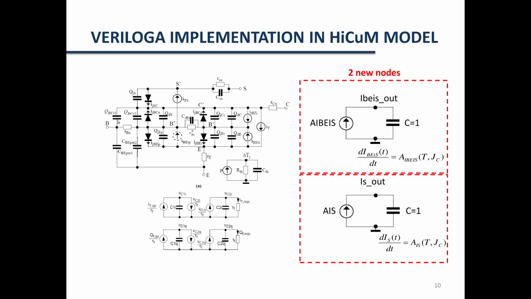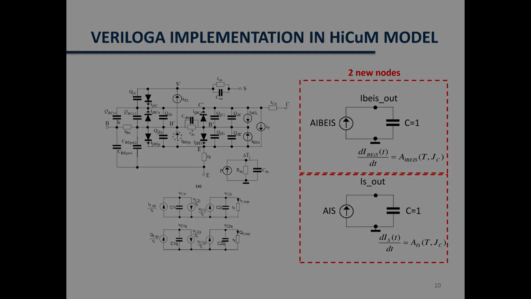And you see the lumped elements, which are basically responsible for implementing the differential equation. That's fairly simple. A current source and a capacitance, and that's basically all we need.